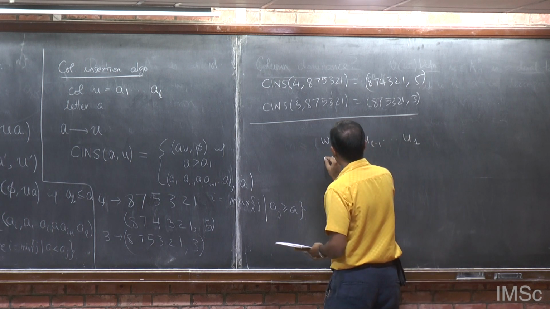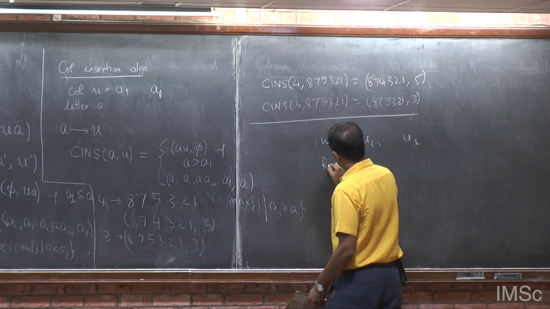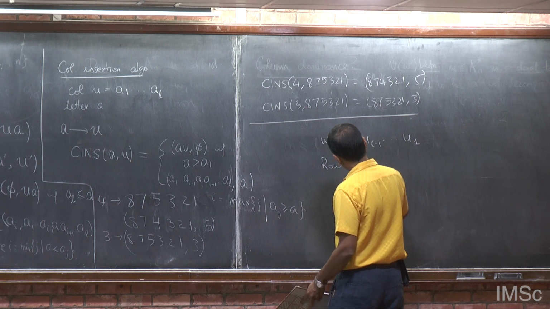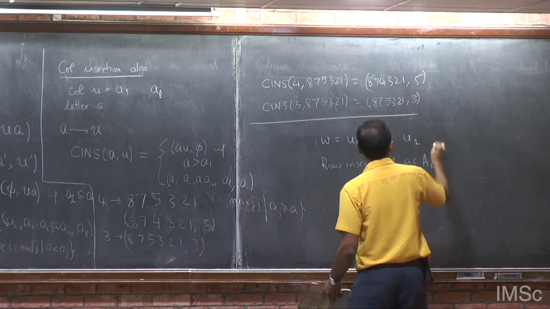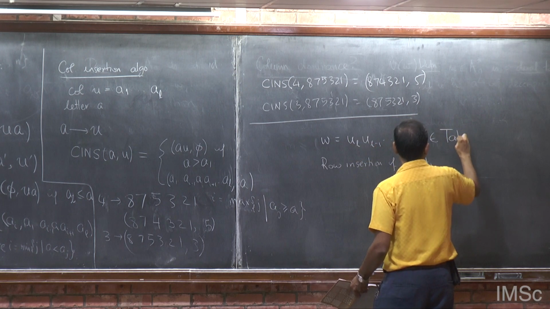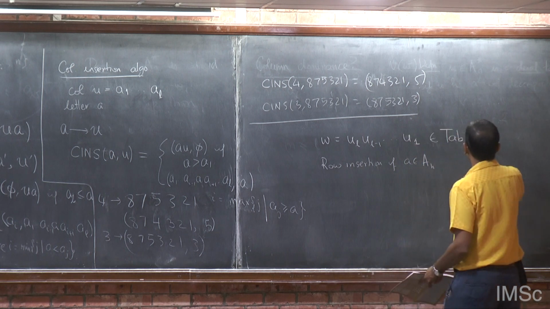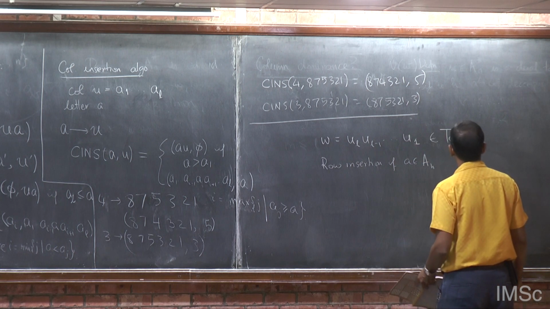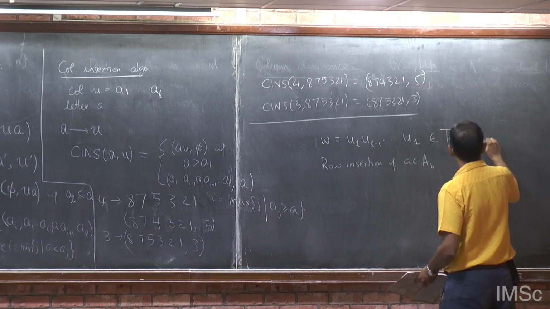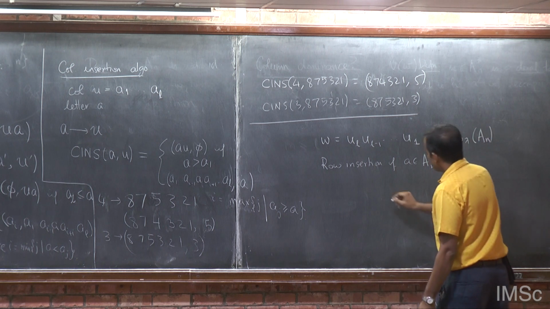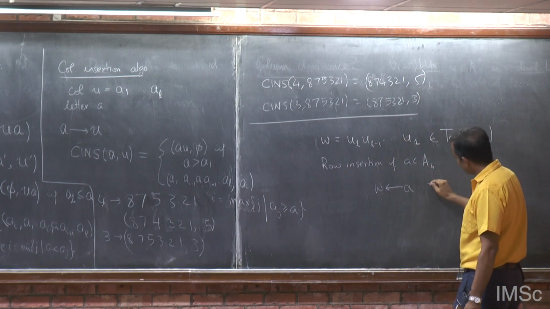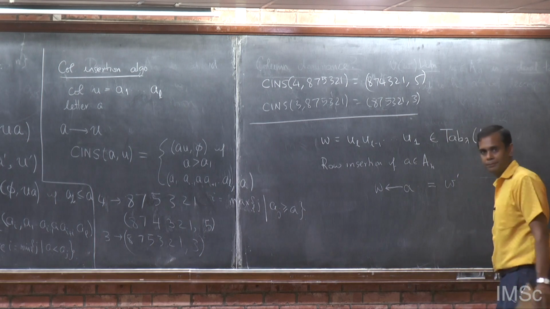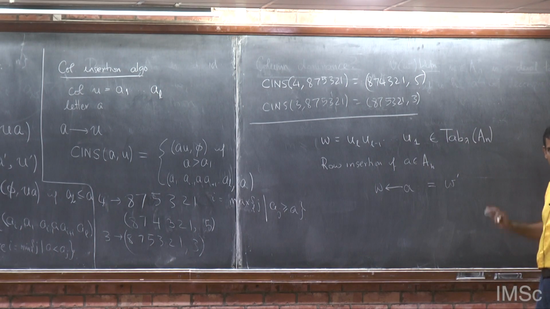So, we will write this as this, and this will be a new tableau called W prime. Okay, and I will explain to you how to do this. You already know, I kind of explained it.